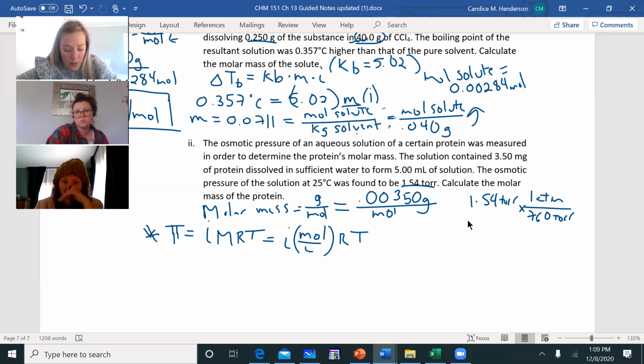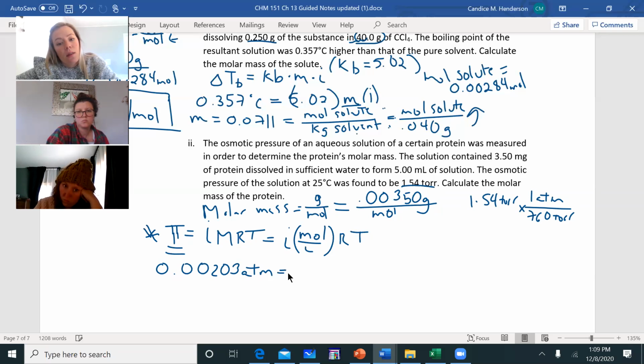Right? Or we have a pretty small osmotic pressure of 0.00203 ATM. Okay, so that's this here. This whole thing equals I times mole over liter times R times T.